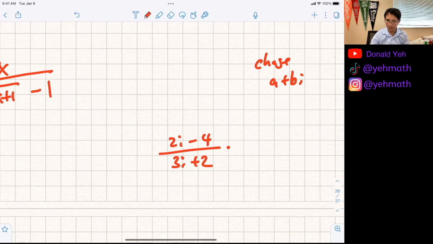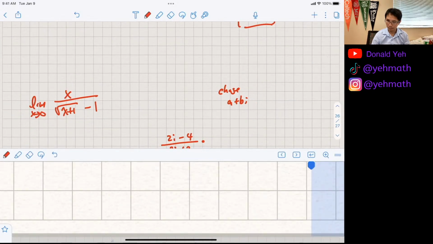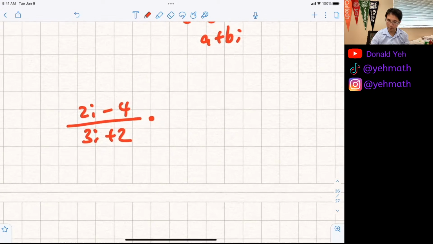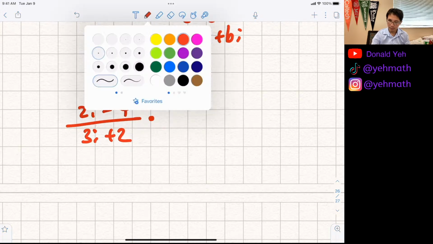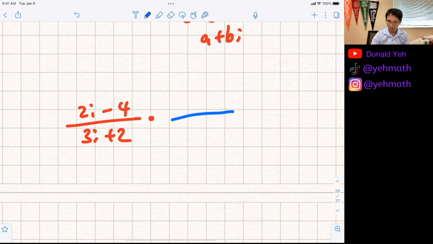How do you rationalize this? Do you guys remember how to rationalize? Yes. Multiply the numerator and the denominator by 3i minus 2. Do you guys know what this is called?